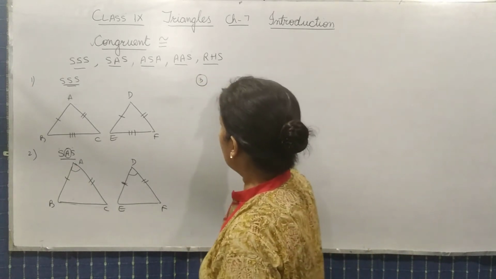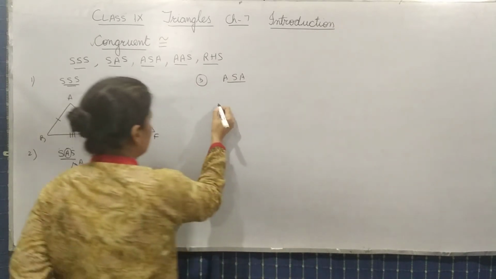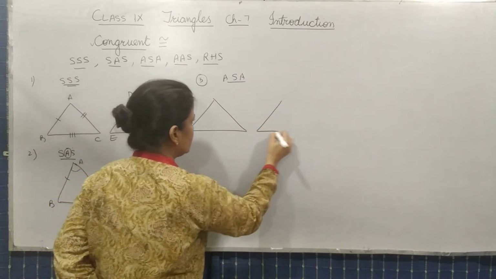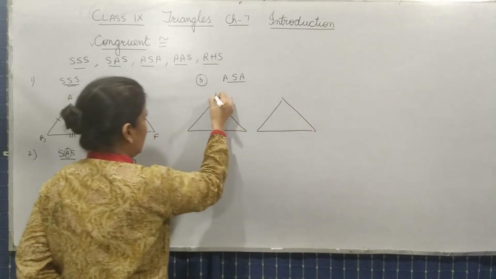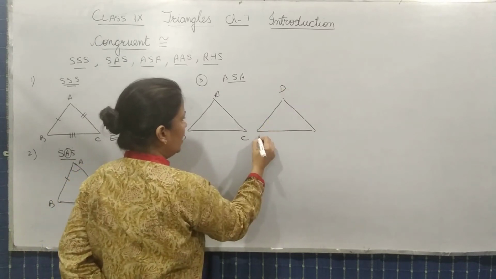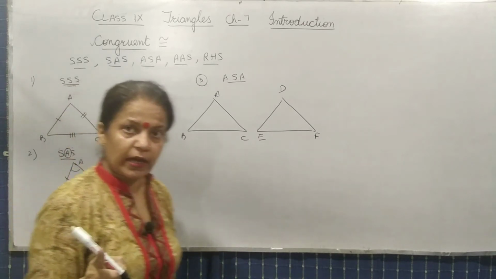In the third, it is ASA. So let's see for ASA. In the ASA triangle, what do you see? Angle, side, angle.